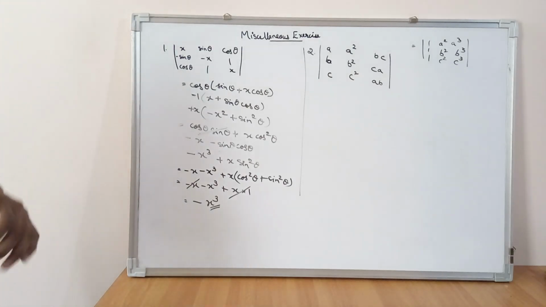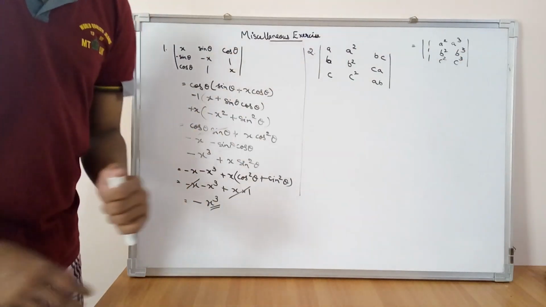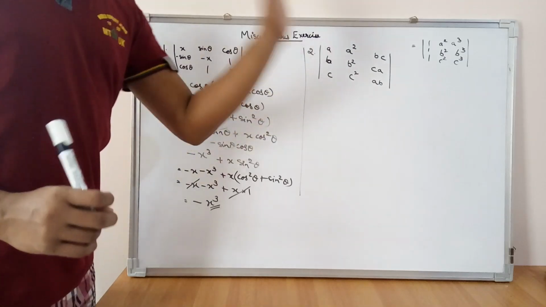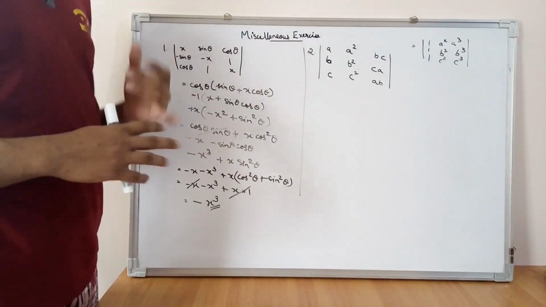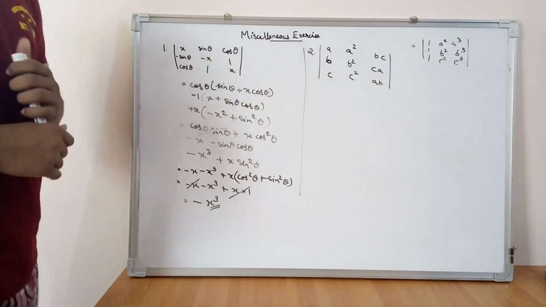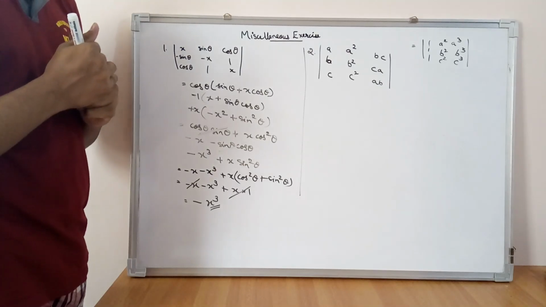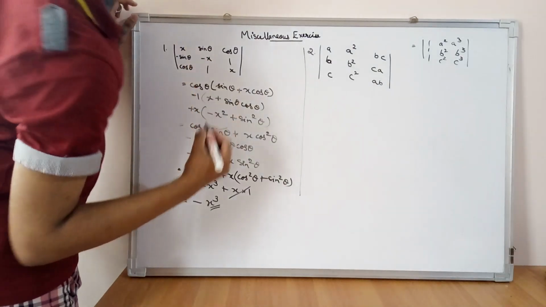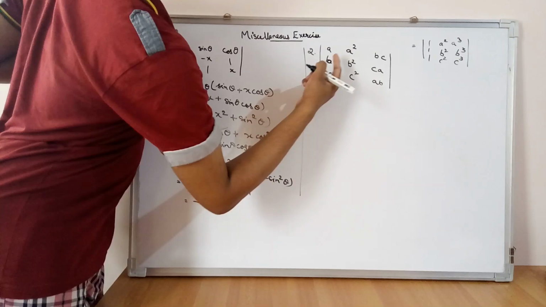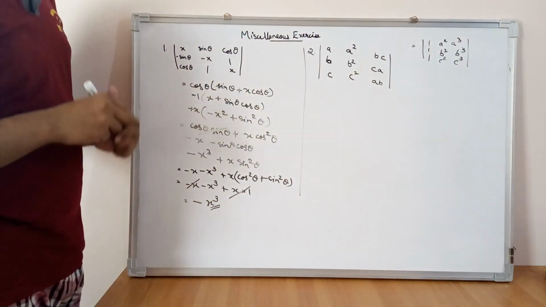So the next question is, without expanding the determinant, we are asked to prove that the left hand side equals the right hand side by using properties. It is given without using direct expanding. So first of all, let's see the right hand side now.